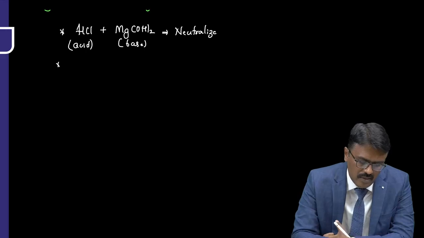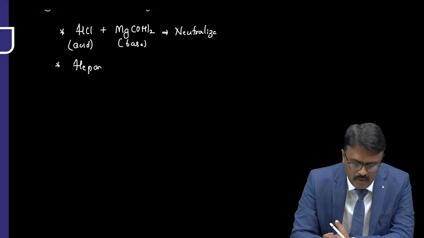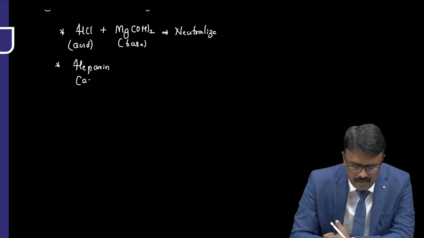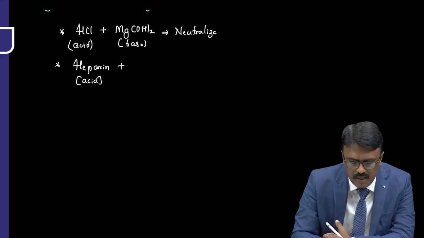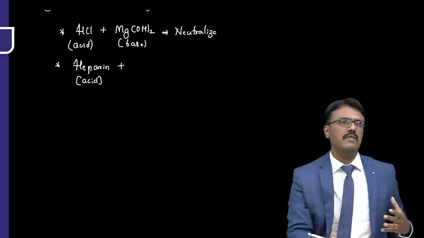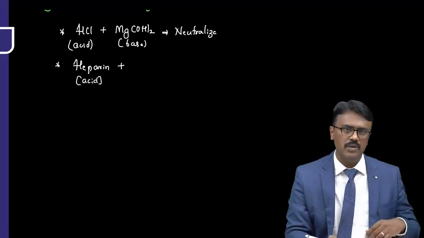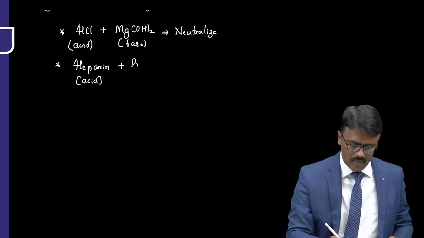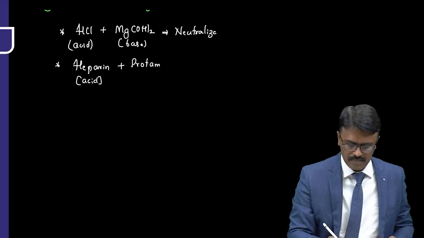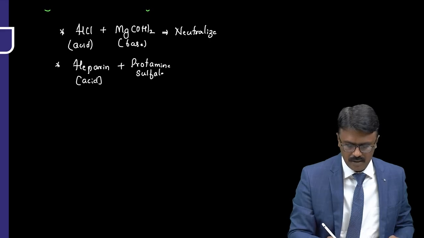So what are the other examples? Let me give an example of heparin. Heparin is an acidic drug. When we give a high dose of heparin, we have an antidote for that, and that is called protamine sulfate. The name is protamine sulfate.